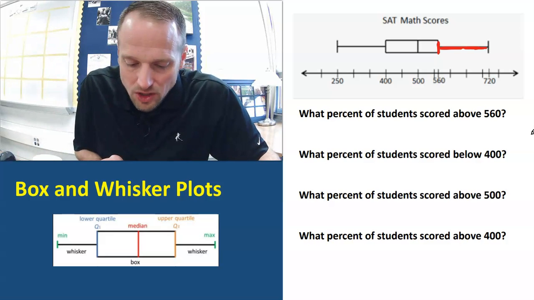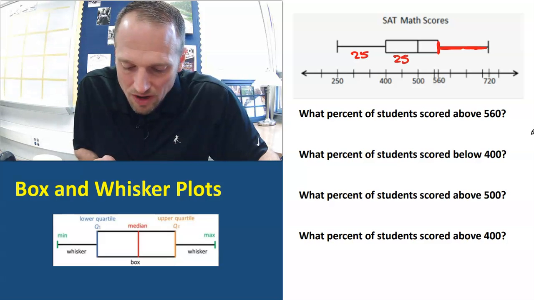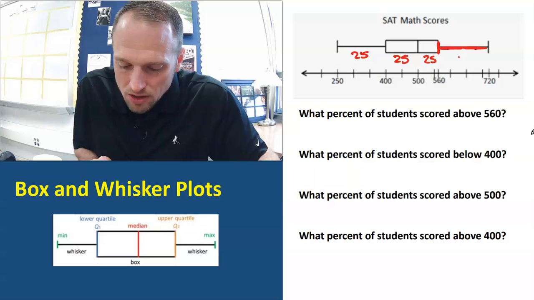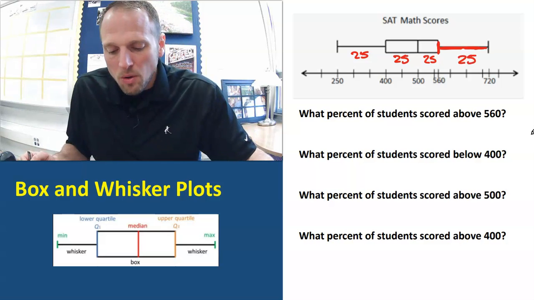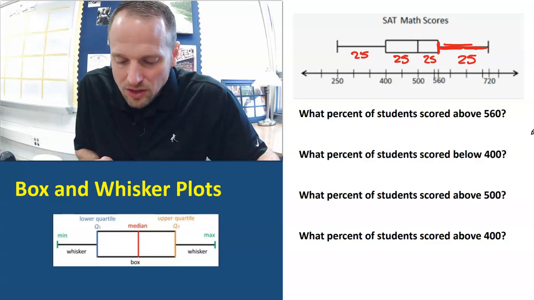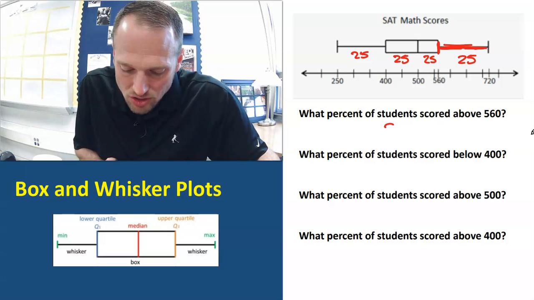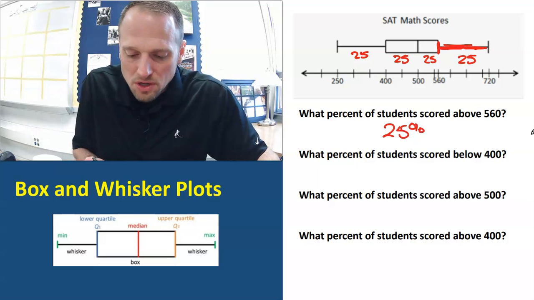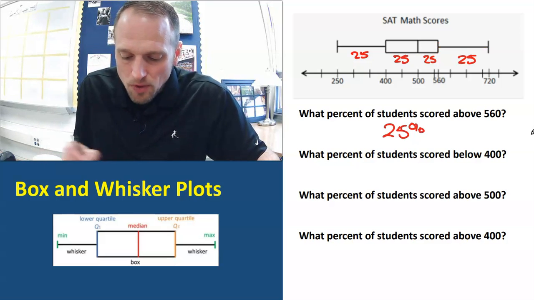So we know that each one of these is 25%. If I want to know what percentage of students scored above 560, I'm just looking at this part up here, and that's just 25%. 25% of students scored above 560.